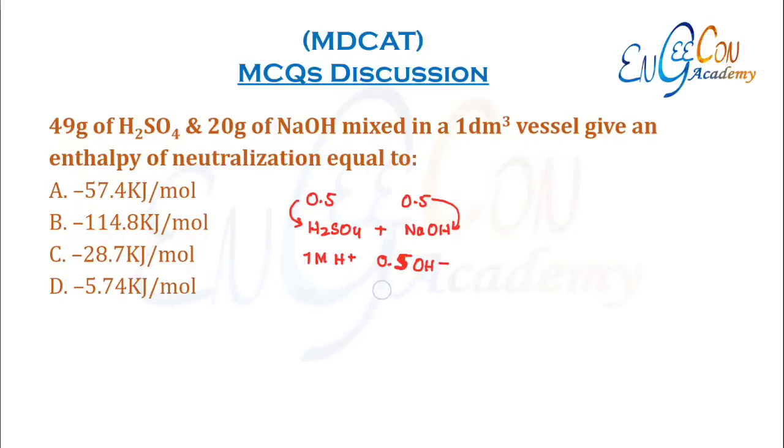So overall reaction would be between 0.5 OH and 0.5 H plus. So the heat released would be half of the normal enthalpy. So normal enthalpy of neutralization for 1 mole is minus 57.4. For half mole it would be divided by 2. So it equals minus 28.7.